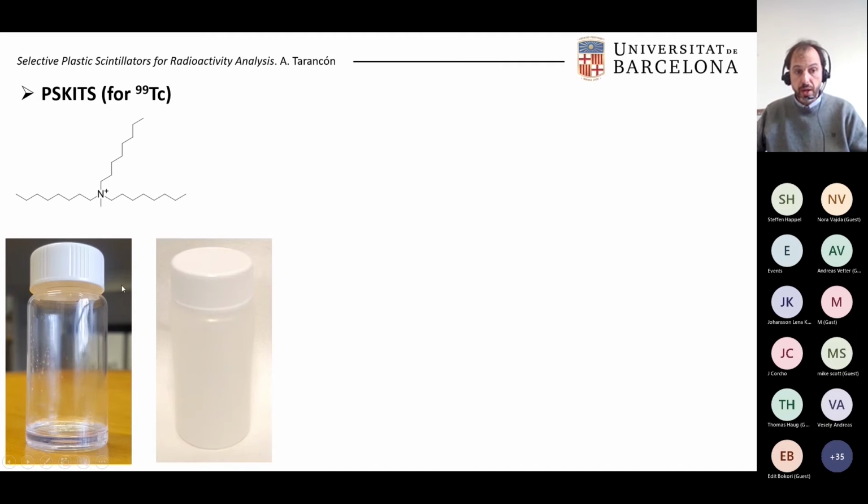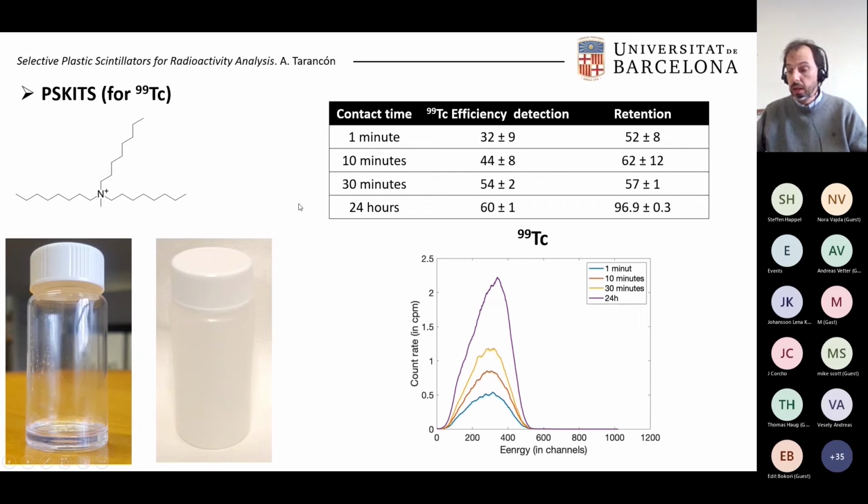We have developed it in glass vials, but also in plastic vials, in this case using the extractant for technetium-99, because we have experience with it and it works very well. Here I show you the performance after the study of the contact time of the solution with the vial. The most relevant, perhaps, is that in 10 minutes we can achieve 62% retention.